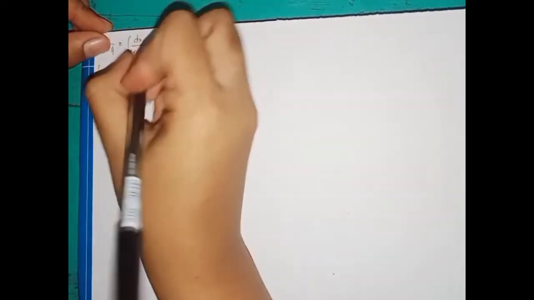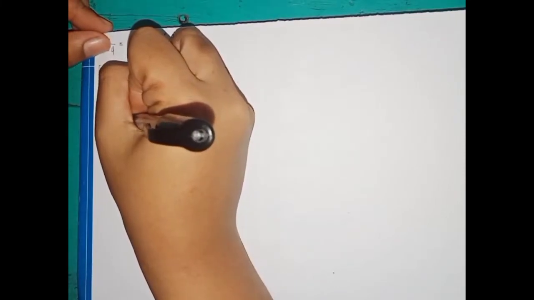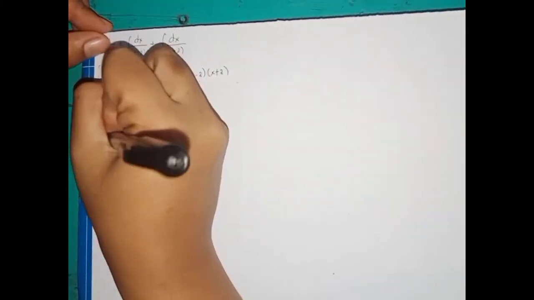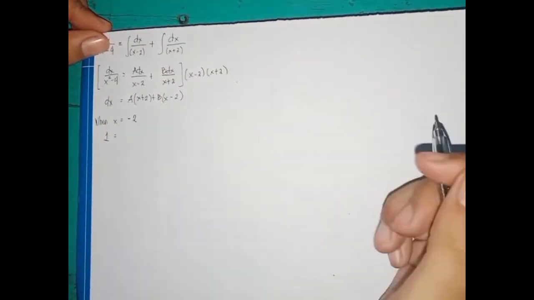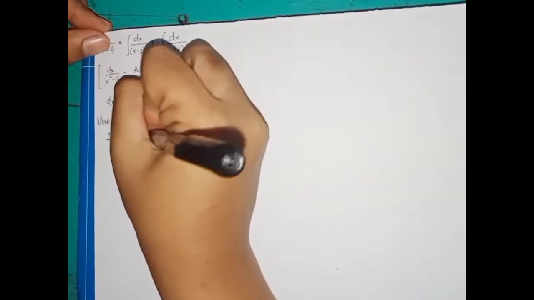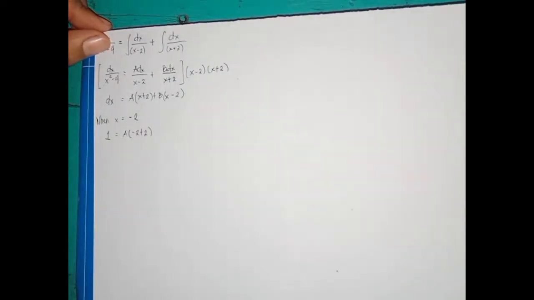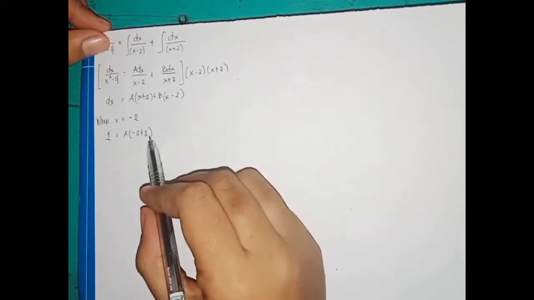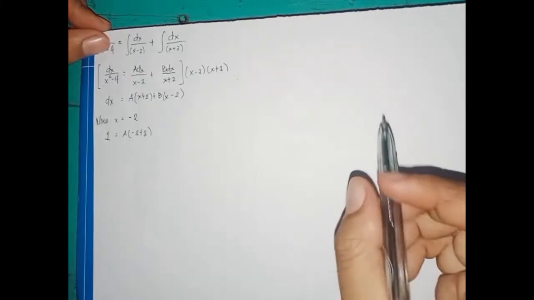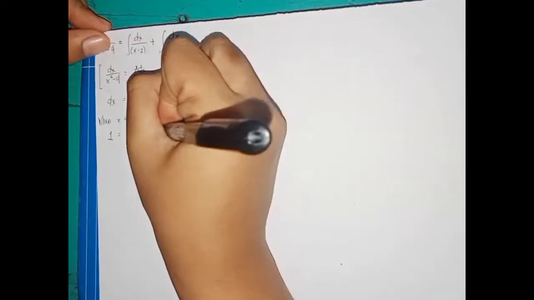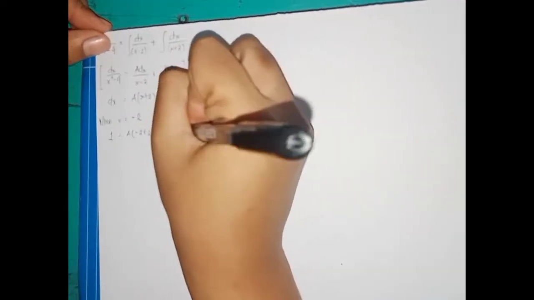So let's substitute when x is negative 2. We have 1 because the value of dx will be 1. So we have negative 2 plus 2 for A, and B times negative 2 minus 2.